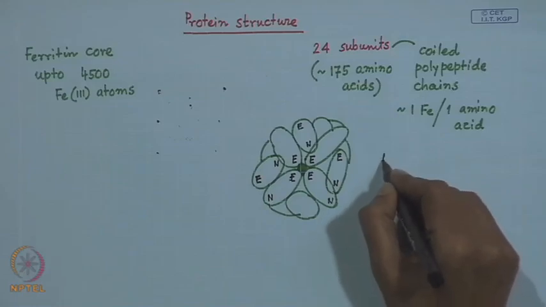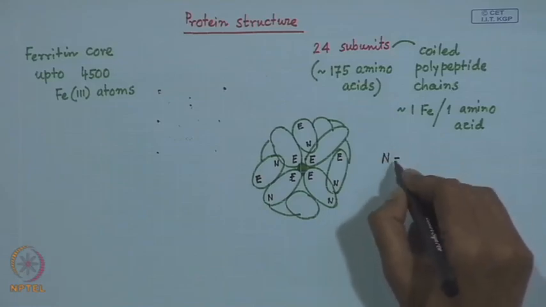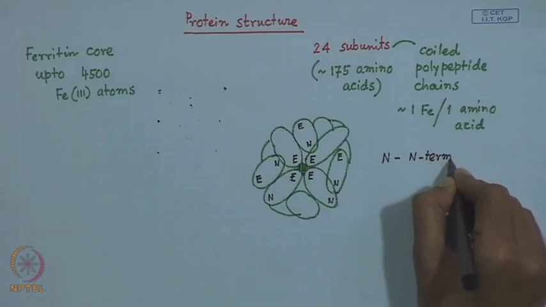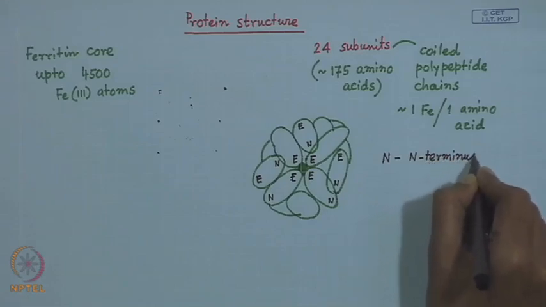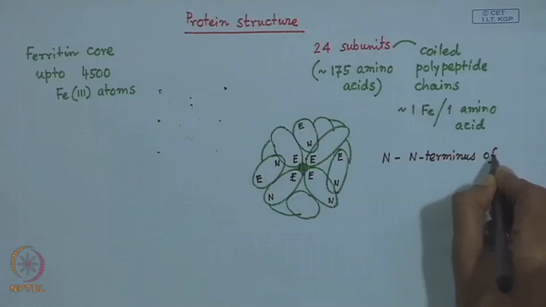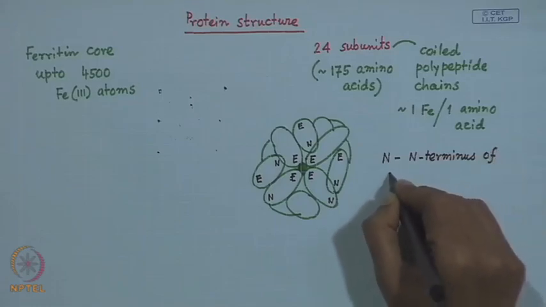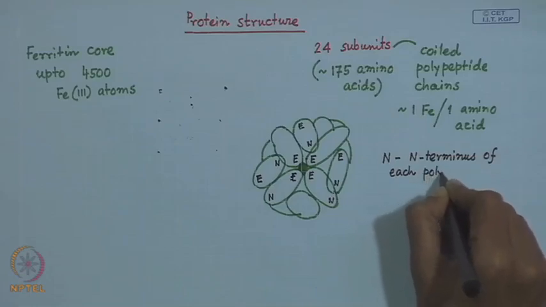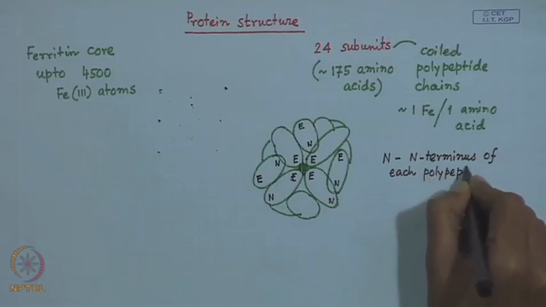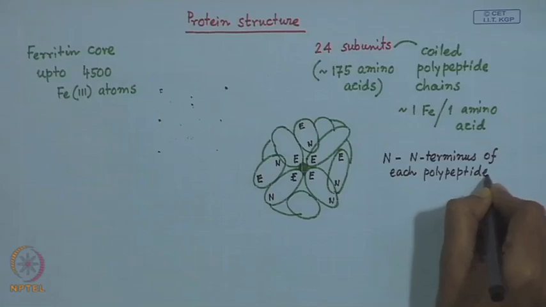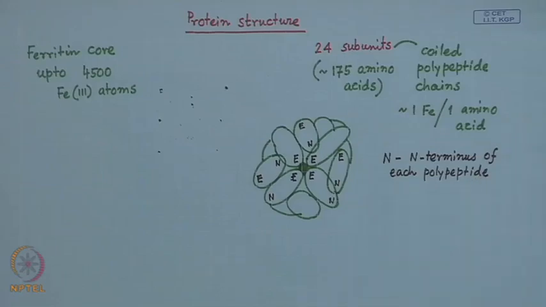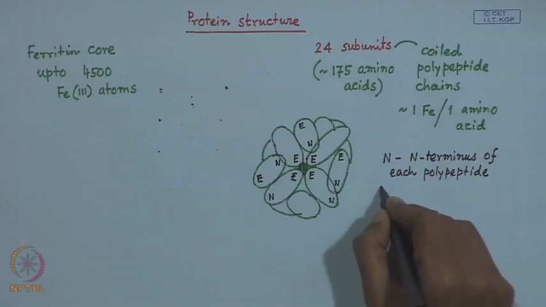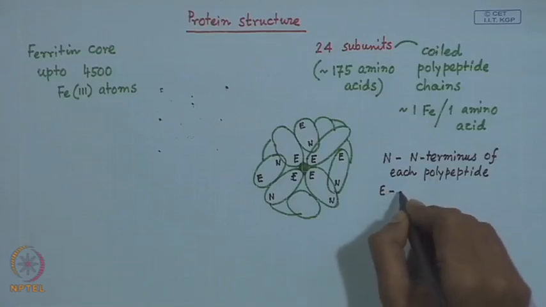So, the N ends are the N terminus of each polypeptide. So, we have 24 such polypeptide chains, and E is a typical helical structure of this polypeptide chain.